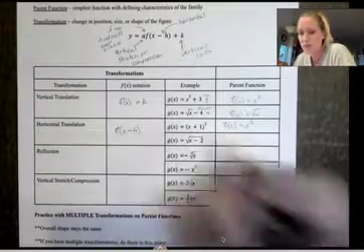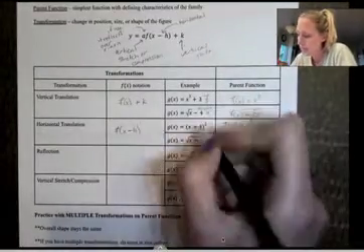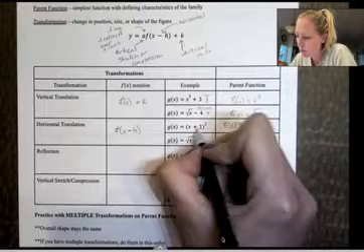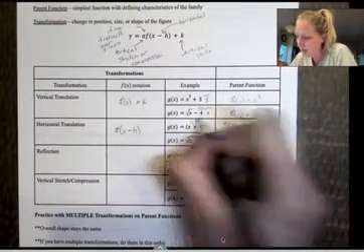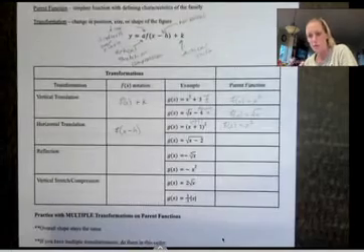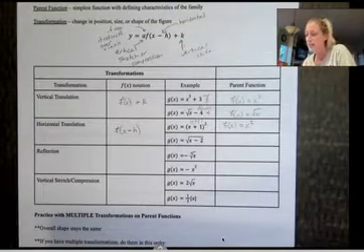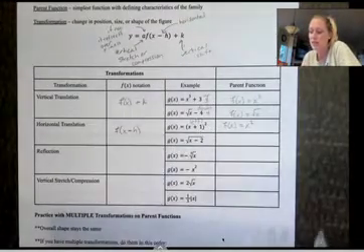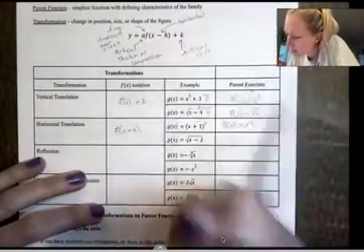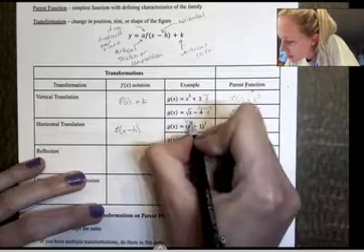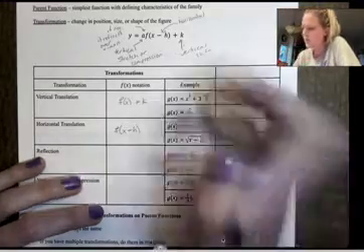What this plus 1 does when it's inside with the x is it's horizontal, but instead of moving right 1, this one's going to move left 1. That's what I mean by it's opposite of what you would think. Plus, we typically associate with right, but it's opposite when it's in the grouping symbol with x. Sorry, that is hard to read. I'm going to write that a little bit smaller. Left 1. There we go.